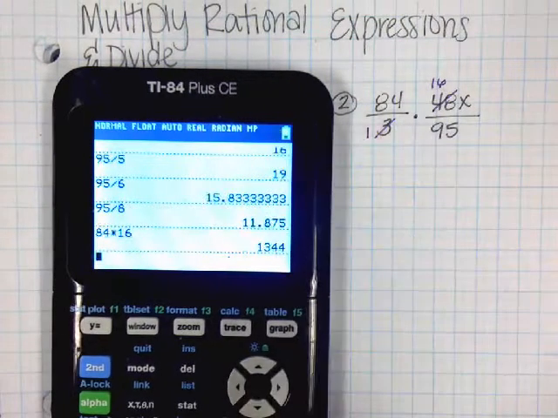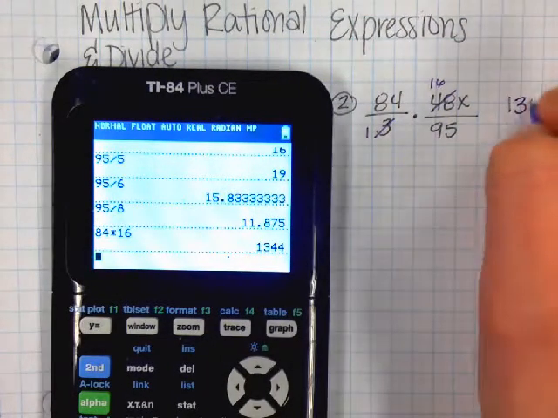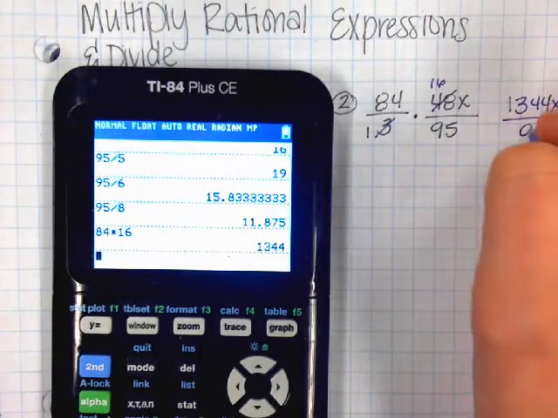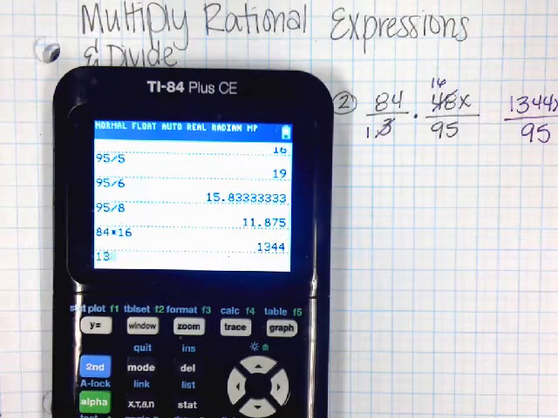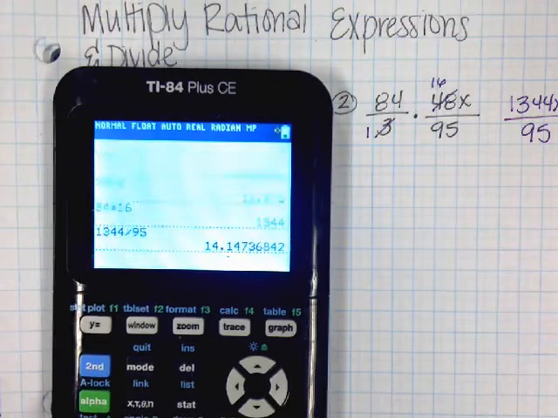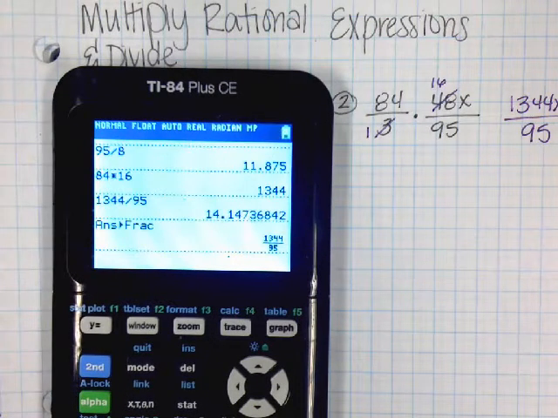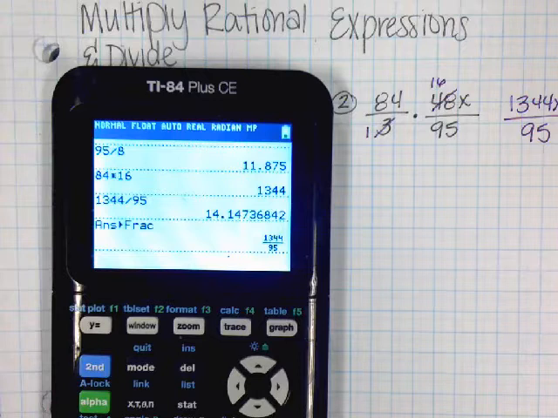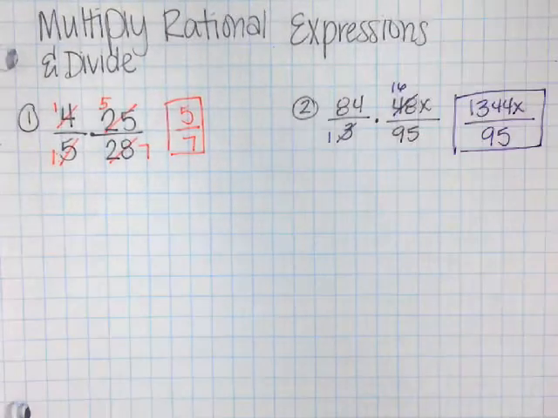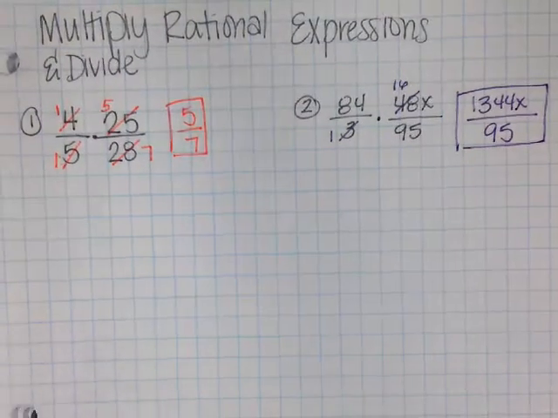So it would be 84 times 16, so I'm going to multiply across the top. 1344x over 95. And you can go ahead and type it in just to make sure and do that math, enter. But it doesn't reduce anymore. So that is your final answer on that one.